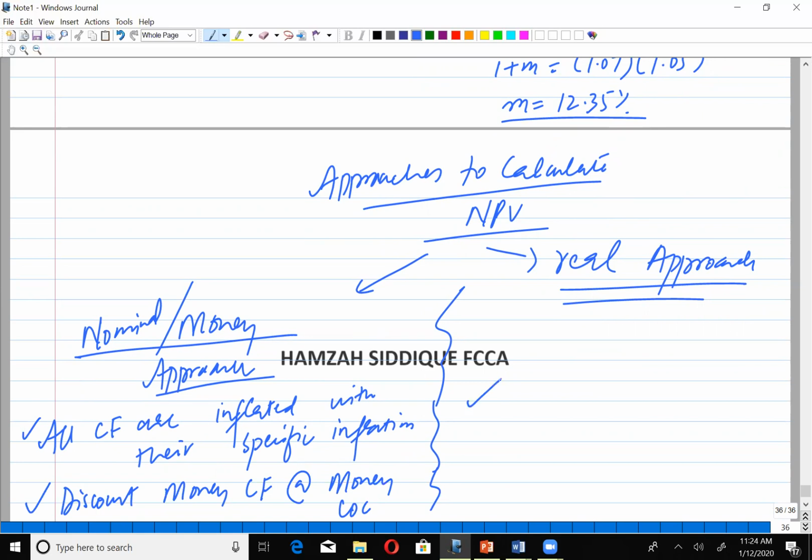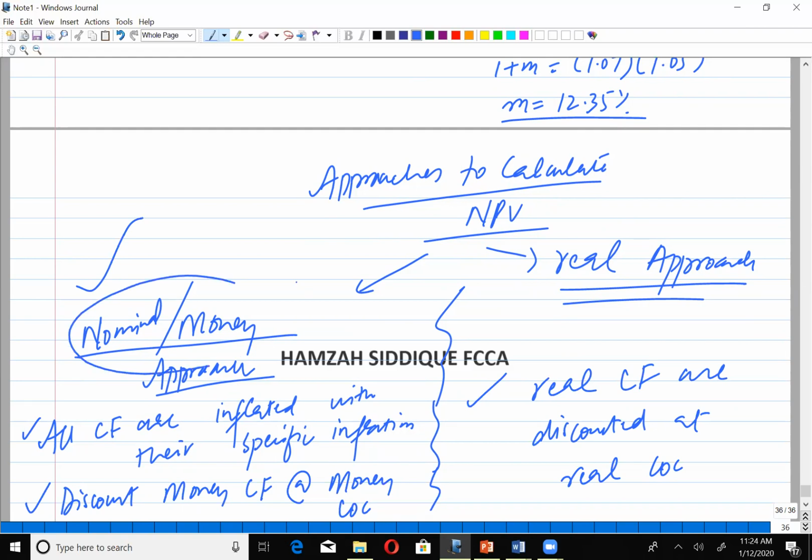So real approach. Here real cash flows are discounted at real cost of capital. Simple. If the question is silent, usually we use the nominal method. And usually the question is silent.